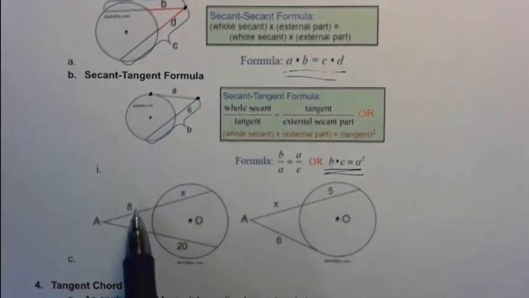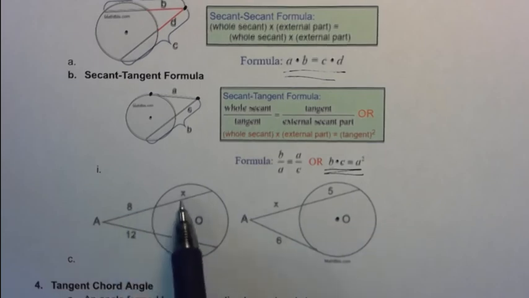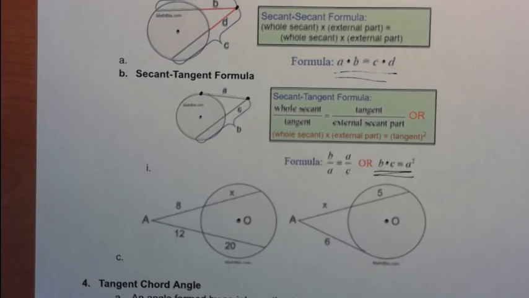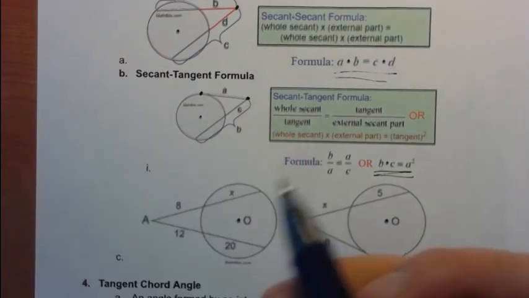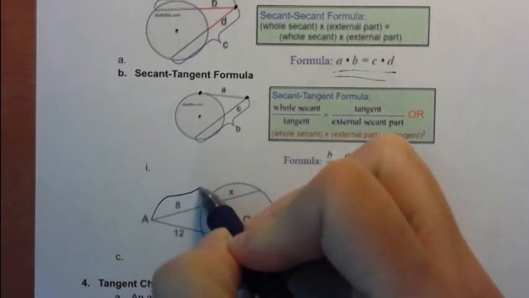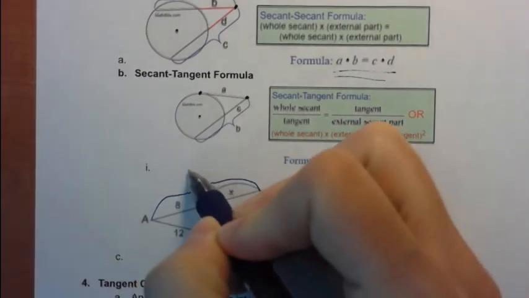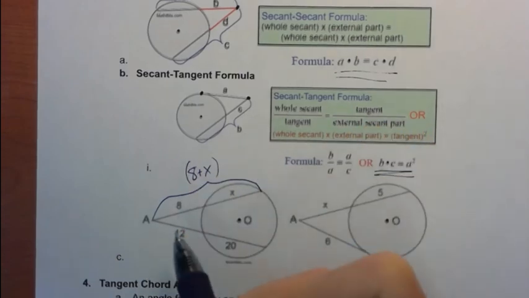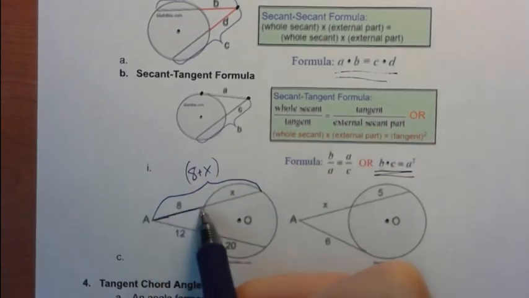So we have in example 1, 8, and then x, and then 12, and then 20. So this is the secant-secant one. So for this one, we would have to do our left side. We have to do the whole thing, which would be 8 plus x. And then the external part would just be 8.